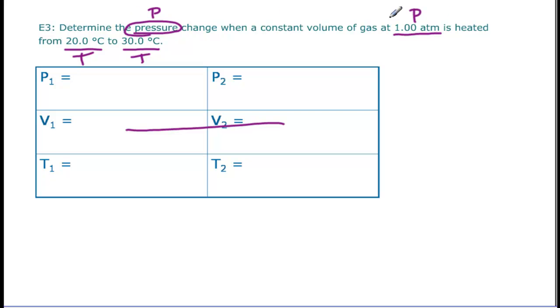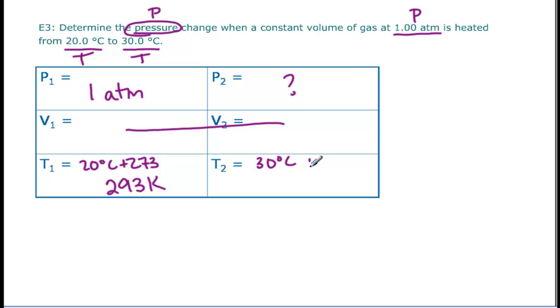Alright, so our volume of gas is at 1 ATM, and that starts at a temperature of 20 degrees Celsius, so we have to add our 273, so we get 293 Kelvin. We're looking for our second pressure if we go to 30 degrees Celsius. So again, we have to change that to Kelvin, so we get 303 Kelvin as our second temperature.